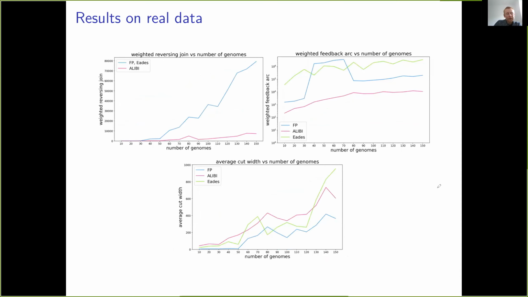And on the real data, the results are similar. However, the differences in reversing joins and in feedback arcs are, especially for larger numbers of graphs, much higher.